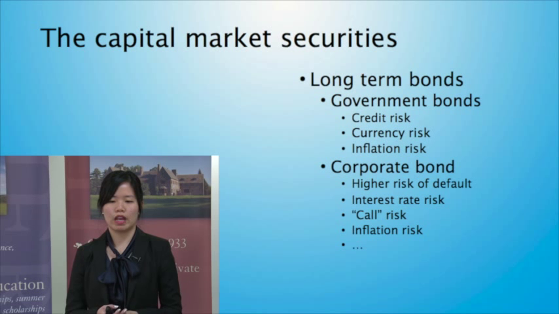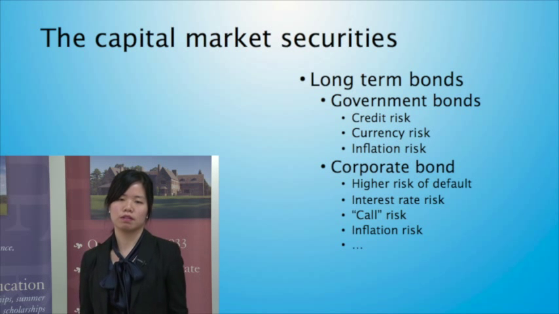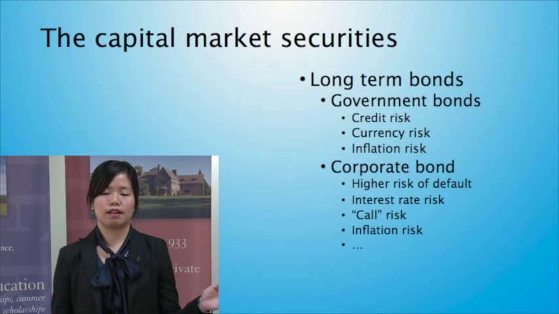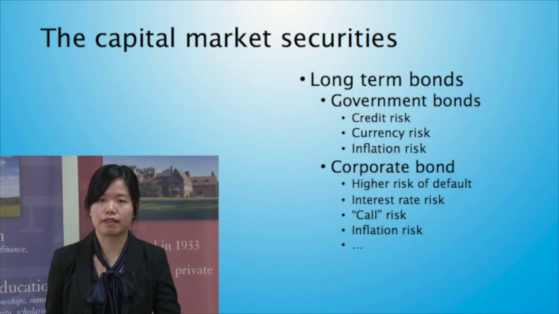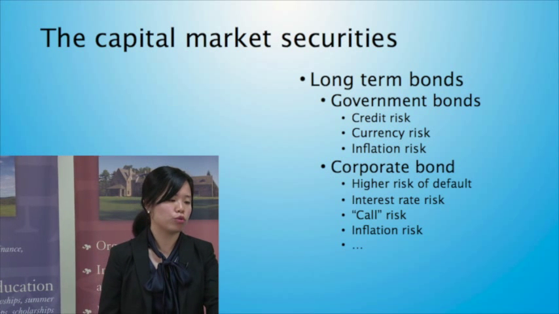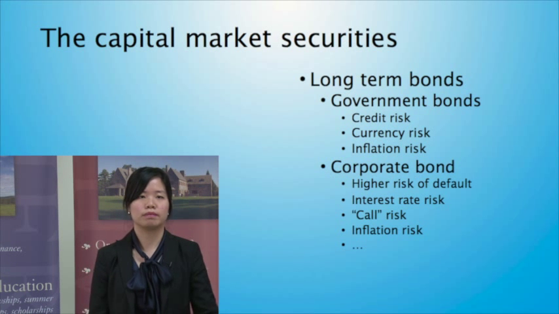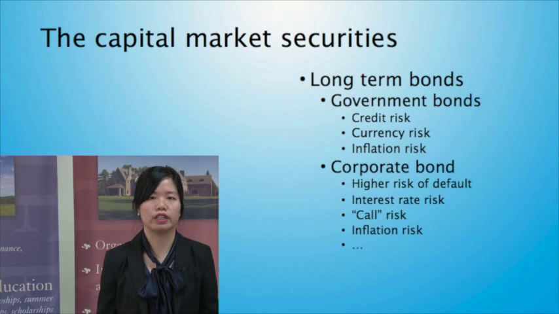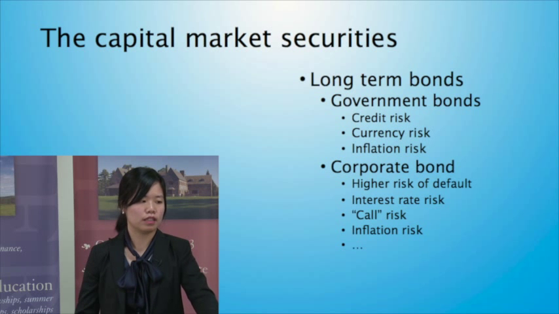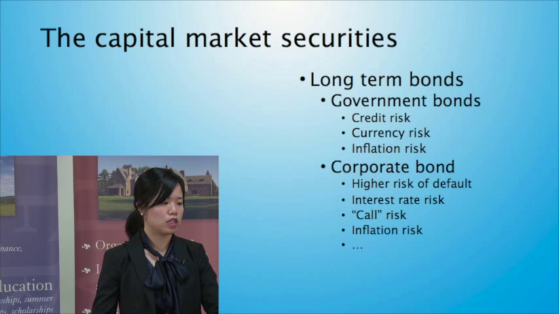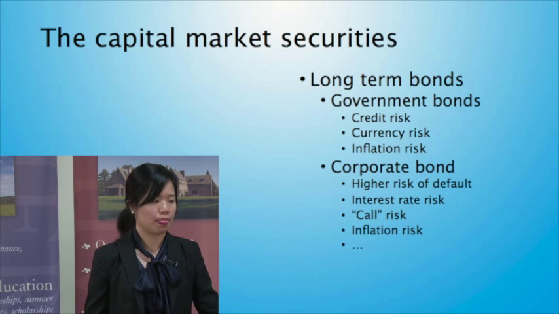Government bonds, the only difference between the government bonds and Treasury Bill is this is also government debt, but this is for longer term. The maturities usually for Treasury bonds is 20 years, 30 years. But they have credit risk, they have currency risk, they have inflation risk.